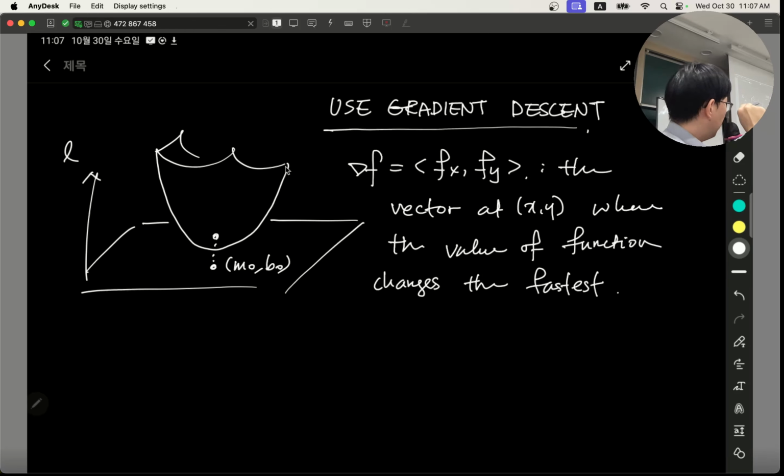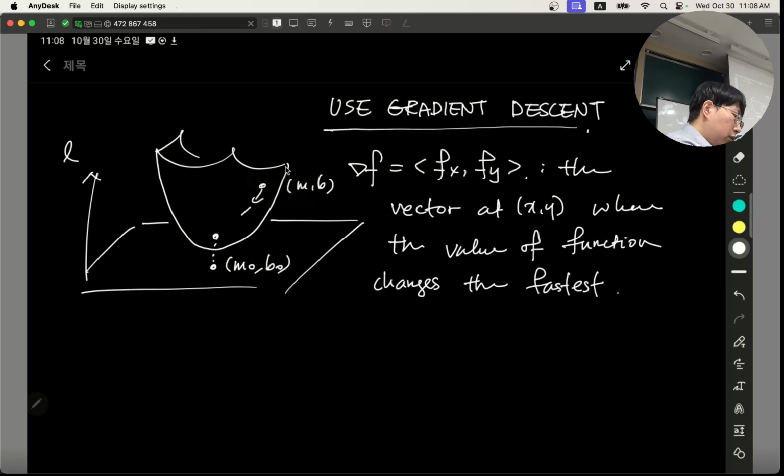And what we need to do to find this minimum point is, if you start off with a non-minimal point, then you have to find the shortest path to get to the minimum point. So here is your starting point, let's say m and b.